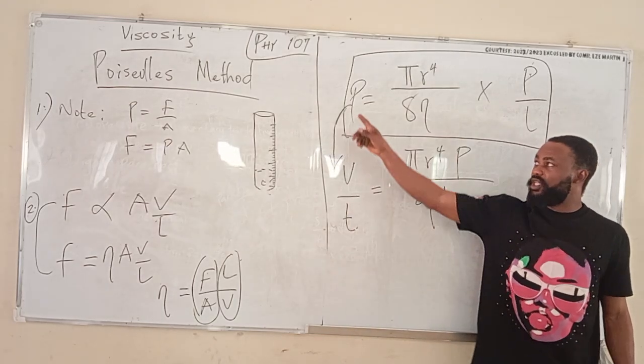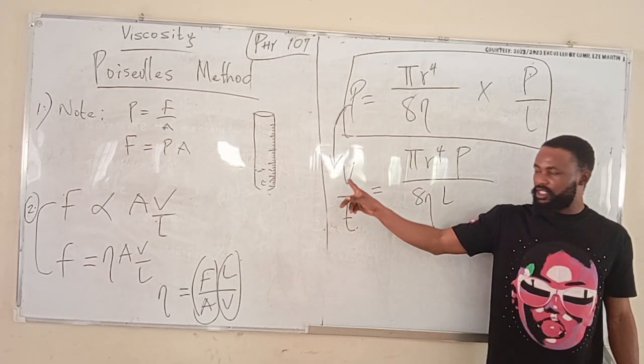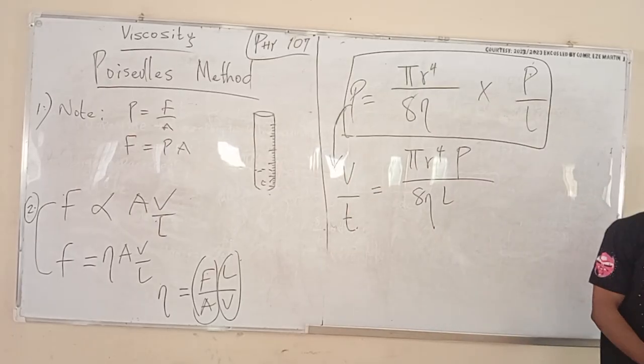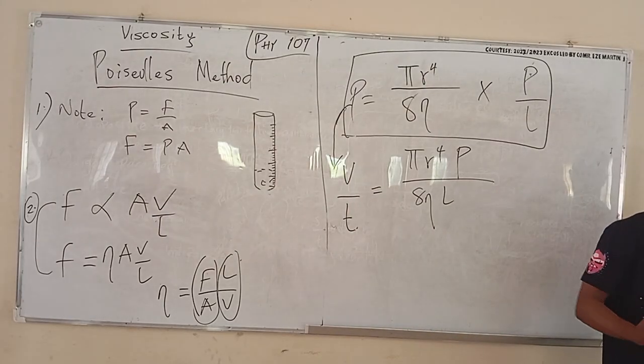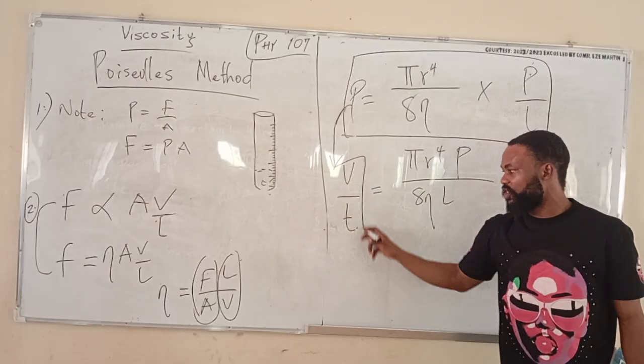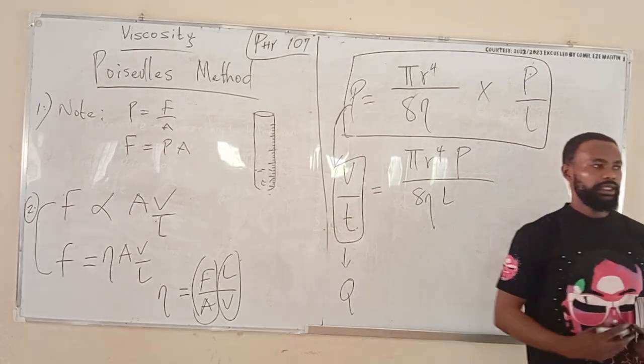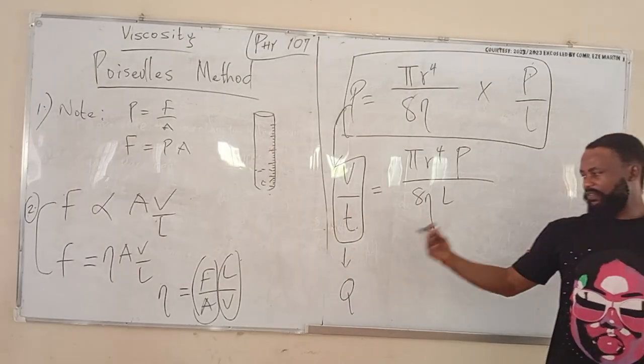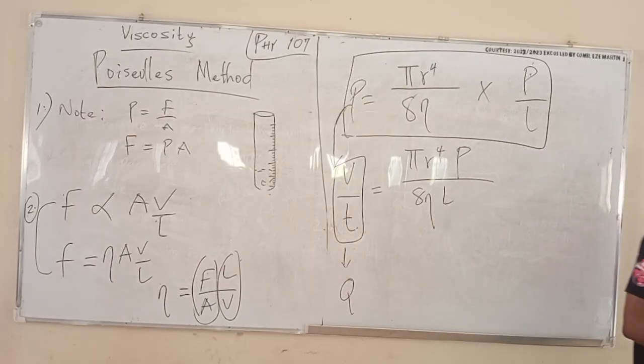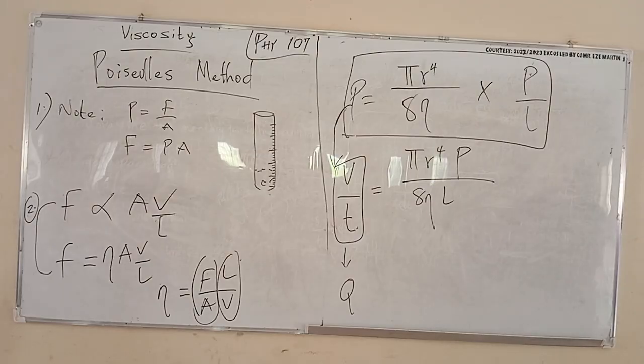So all I'm going to be doing now is, instead of Poiseuille's, I'll be replacing this with V over T. And if you go to some advanced physics textbook, as you progress, you see that this V over T is sometimes replaced with just Q. The mistake is that I notice in your textbook they are putting just V there, and it's wrong.